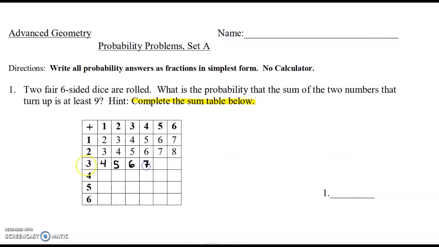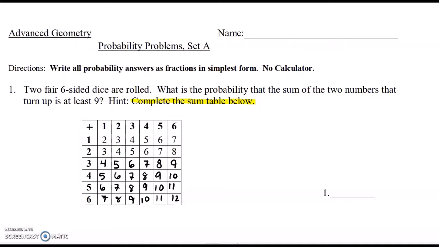And I'm just adding the row and the column. So if I rolled a 5 and a 3, and I'm just filling in all the possible outcomes.